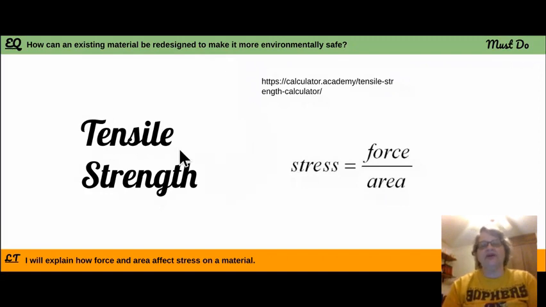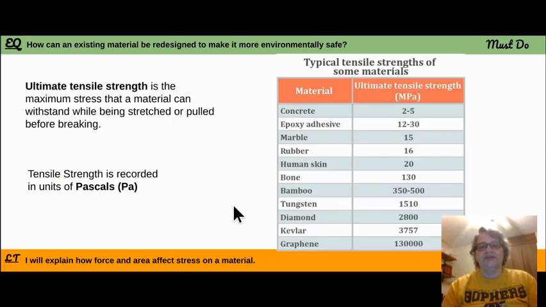Tensile strength is similar to the amount of stress a material can take. The ultimate tensile strength is the maximum stress that a material can withstand while being stretched or pulled before breaking. The tensile strength is recorded in units of pascals, which is abbreviated Pa.